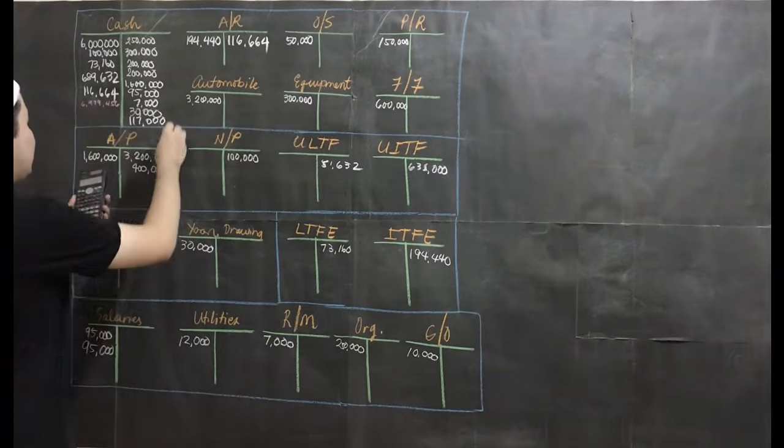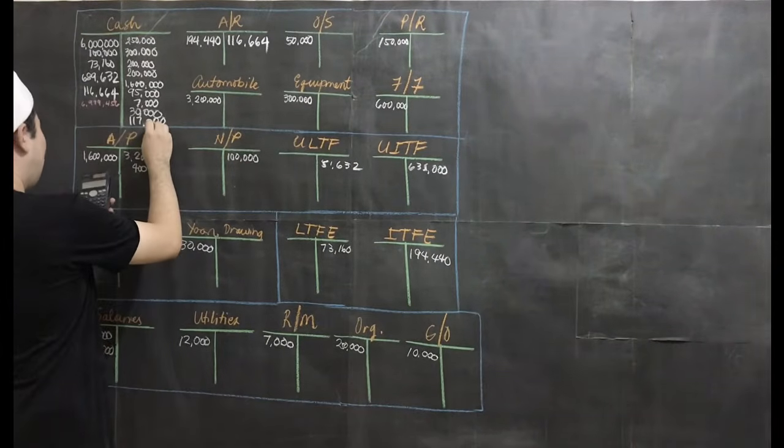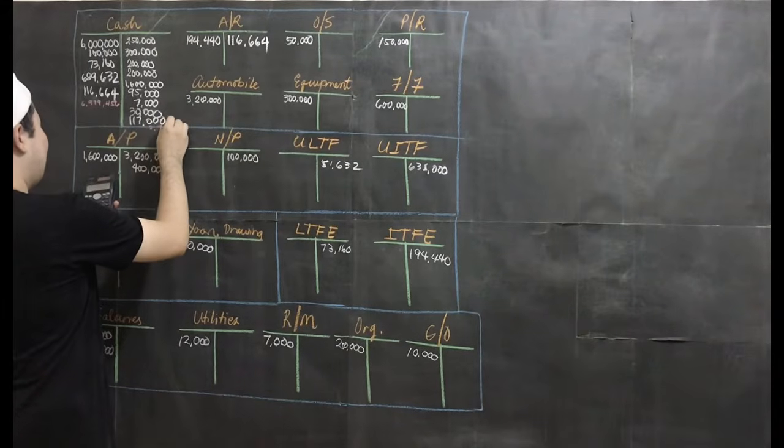Okay? So here at the bottom, small, 2,799,000.